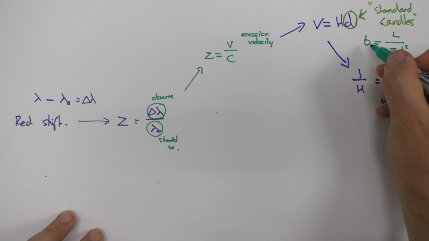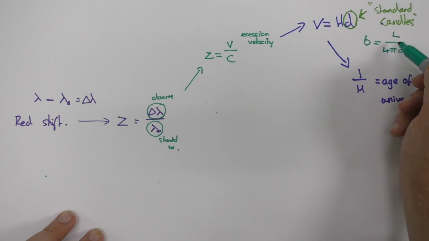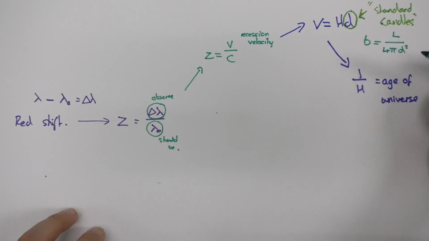So the apparent brightness is equal to the known luminosity of the standard candle, divided by 4 pi d squared, where d is the distance to that galaxy in this case.